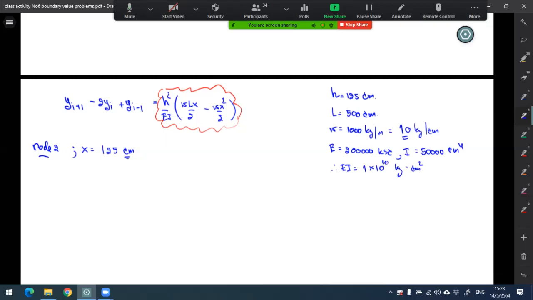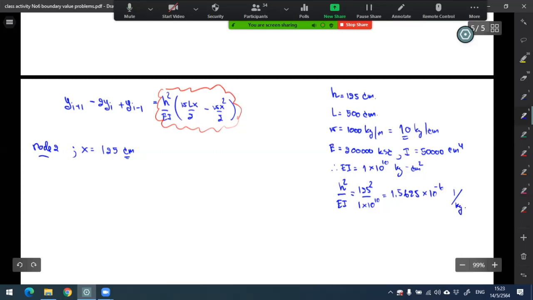Okay, and finally we found that S square over EI, that is constant also, is equal to what? It becomes 1.5625 times 10 minus 6 per kilogram. Okay, we have all constants.